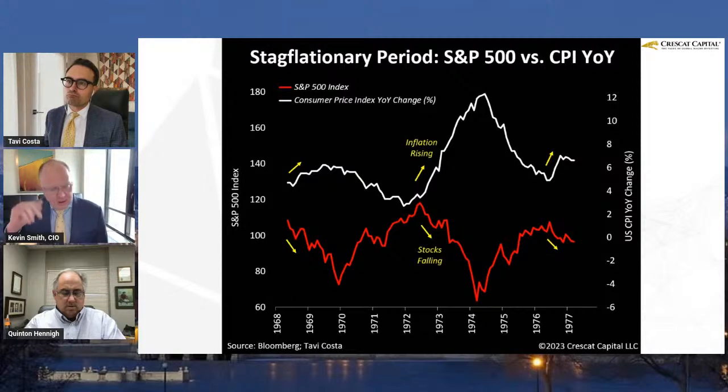So when you have record high multiples, which we have had across the S&P 500, and especially for mega cap tech stocks, and you have rising inflation and rising interest rates at the same time, it's a catalyst for shrinking multiples. And look at what happened in the 1970s, '73, '74 in particular. When you had significantly rising inflation, you had stocks falling. Let's go on to the next.